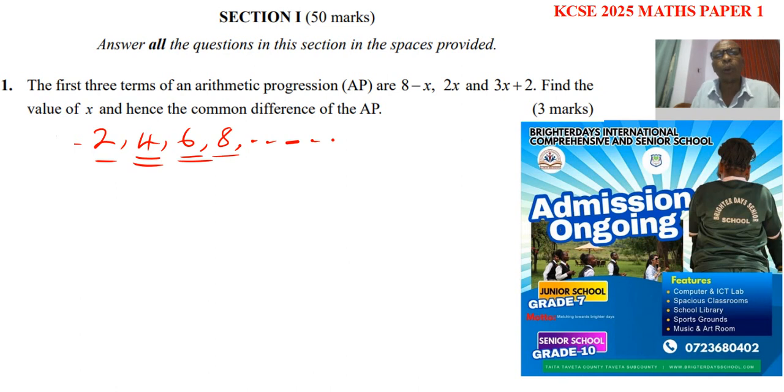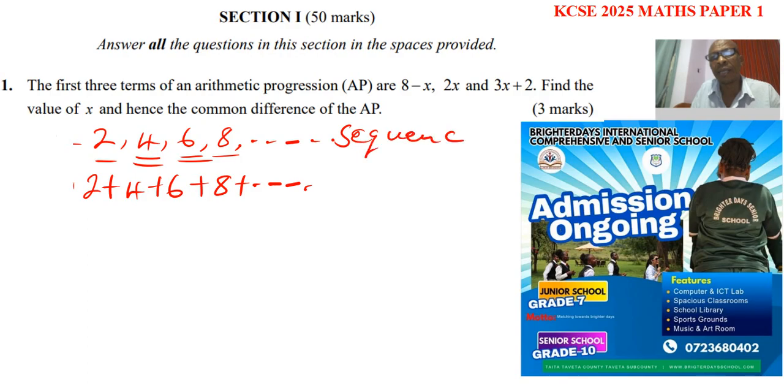So when you add these numbers, you have 2 plus 4 plus 6 plus 8 plus, so this is a sequence and this is a series as far as arithmetic is concerned.